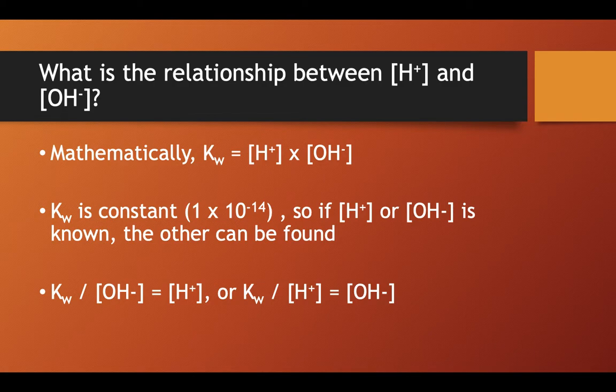Or we can take Kw and divide it by the hydrogen ion concentration to find the hydroxide concentration. All we're doing is some basic algebra to rearrange this formula. If I take Kw and divide it by the value I know, I can solve for the unknown value. So anytime I have a hydrogen ion concentration, but I'm looking for a hydroxide ion concentration or vice versa, I take Kw, divide it by the one I've got, and it'll equal the one I need.